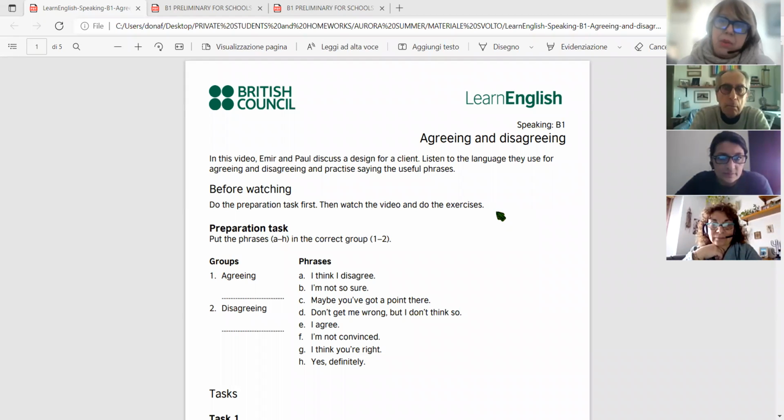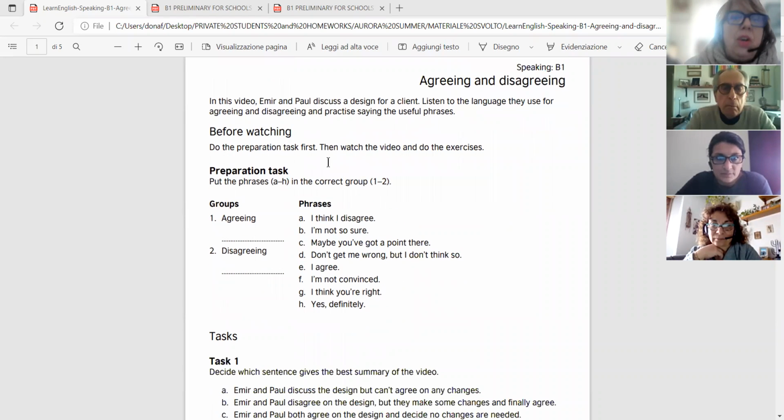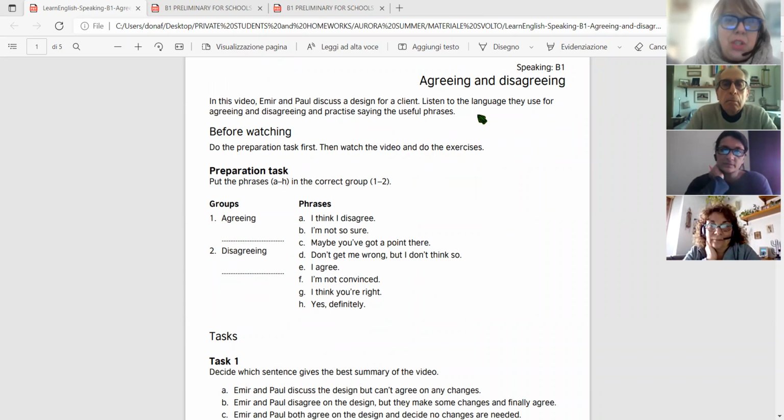There are various formulas and various expressions that we use to agree or disagree with people at any level. We are going to watch a video where Amir and Paul discuss a design for a client. We are going to listen to the language they use for agreeing and disagreeing and practice saying the useful phrases.